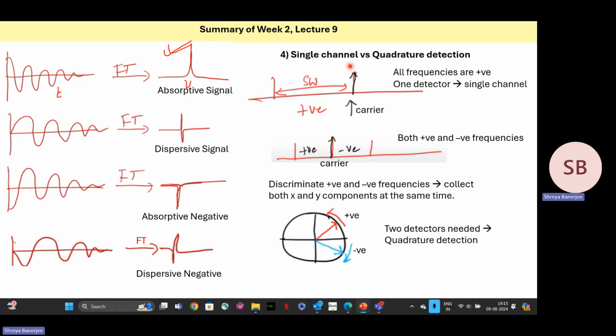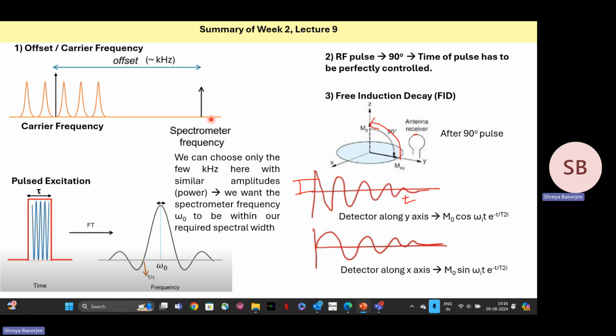Another point is single channel versus quadrature detection. We have already seen what the carrier frequency is. The spectrometer frequency we adjust somewhere within the range of the frequency of the protons, and that is what we call the carrier frequency.